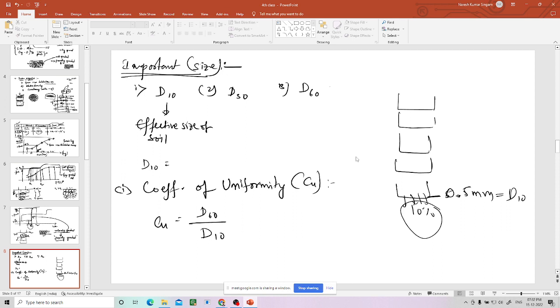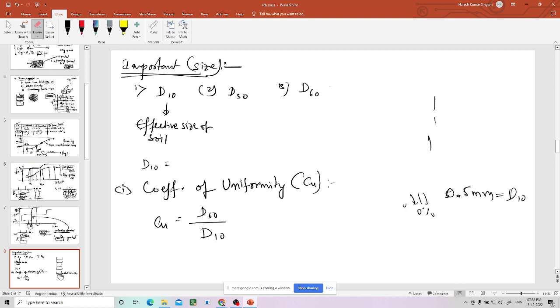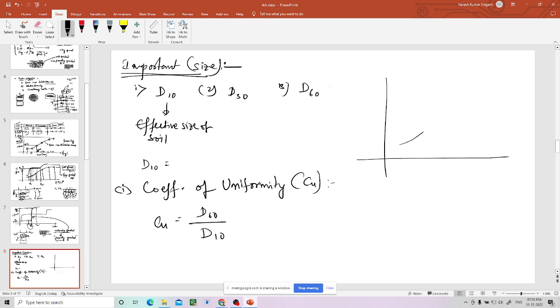So how to find out D60 and D10? First of all, let us erase this. Now we have the curve. This is size. This is percentage finer.